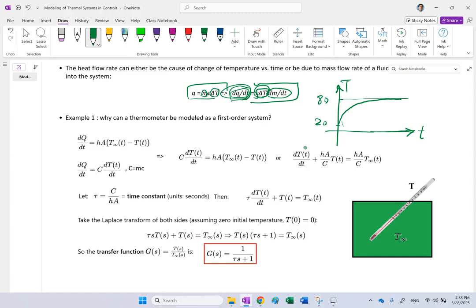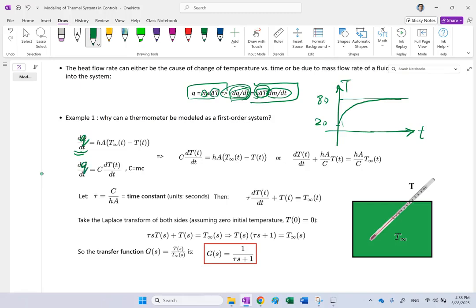So here, if you look at the thermometer, which is inside this fluid or material with temperature T ambient, the only way of heat transfer between thermometer and this material is through convection. So the heat flow rate, dQ over dt, by the way, this capital Q here for us is the same as a small q, so I don't want you to get confused.